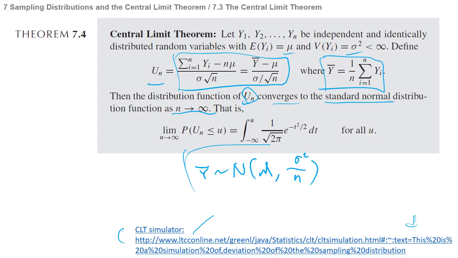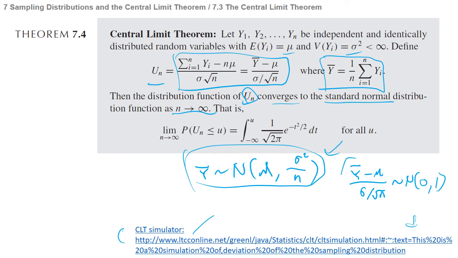And if we write it this way, then you know that (y bar minus mu) divided by (sigma divided by square root of n) follows a normal distribution with mean 0 and variance 1. So I usually write it this way or this way, and then solve the problem with CLT.